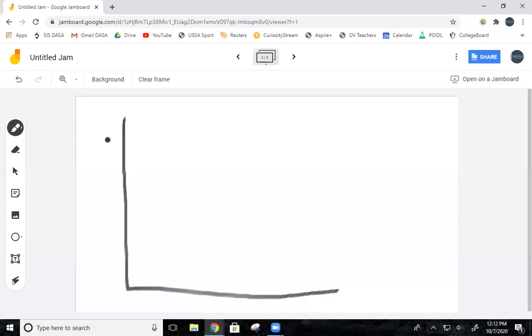On this side, we're going to do bond strength. We're just going to abbreviate it as BS. Okay, BS, and this is going to be the energy potential. The energy of breaking that bond.